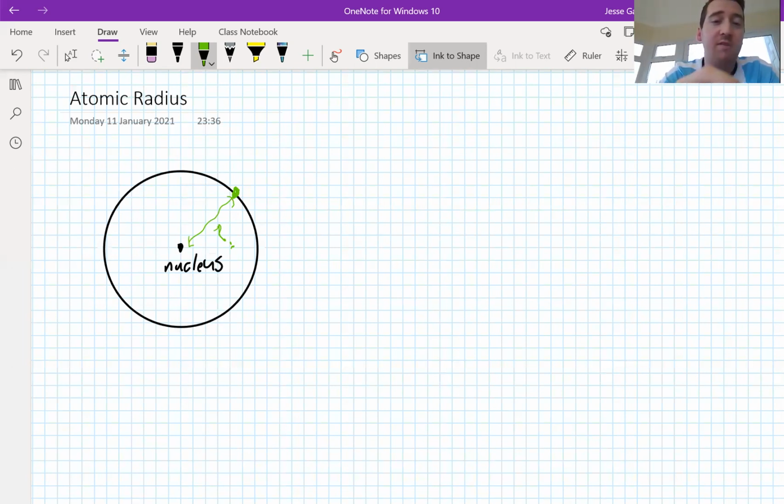We know that it spends quite a lot of its time in that space, but it could also be here, and here, and here. Now, most of the time it's orbiting somewhere around here. But sometimes it gains extra energy and it comes out to these locations. Sometimes it loses energy and it drops into these locations.